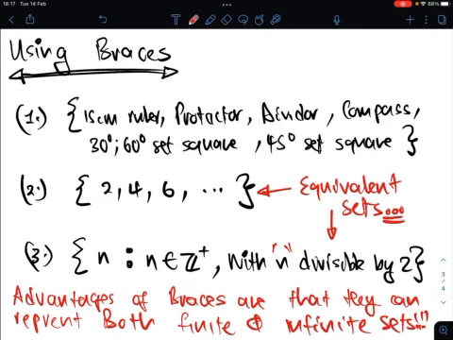So you will find that this is obviously one of the most preferred techniques of representing sets, because it can cater for any type of set, whether it's a finite set or an infinite set. You see that? A finite set is one in which the number of elements that make up that set has a limit.